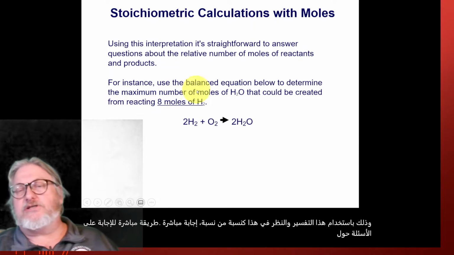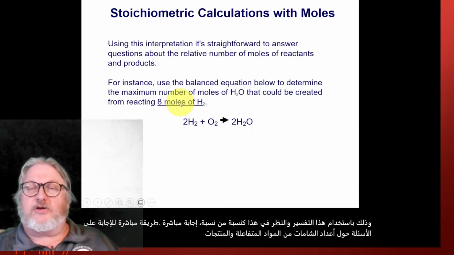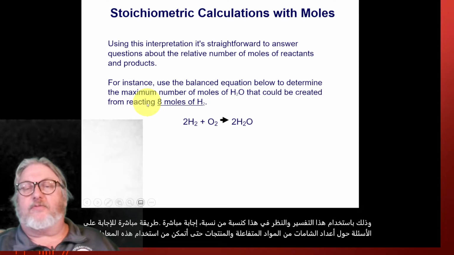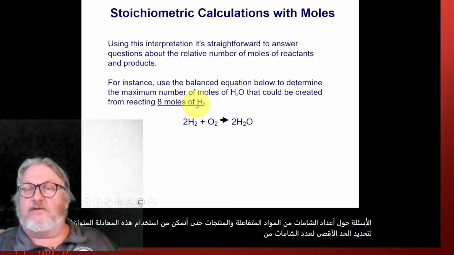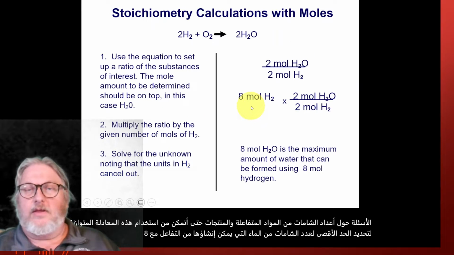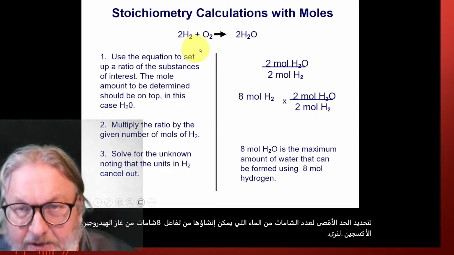So I can use this balanced equation to determine the maximum number of moles of water that can be created from reacting 8 moles of hydrogen gas with oxygen. Let's see. So there's my formula right there. It's balanced.